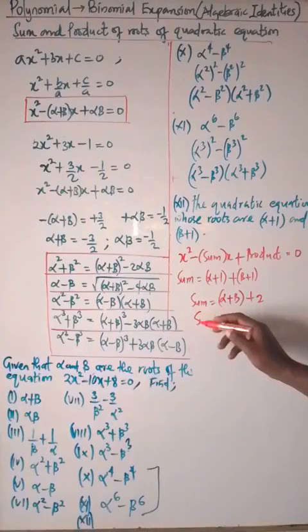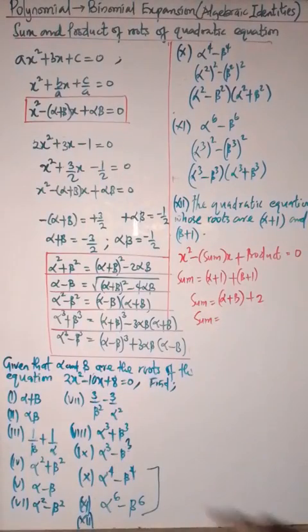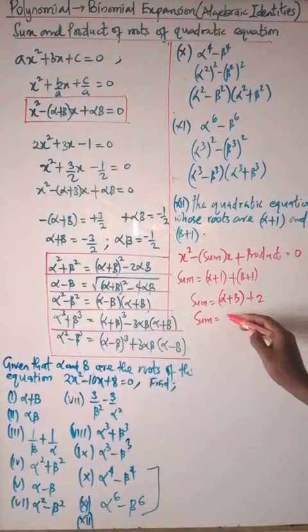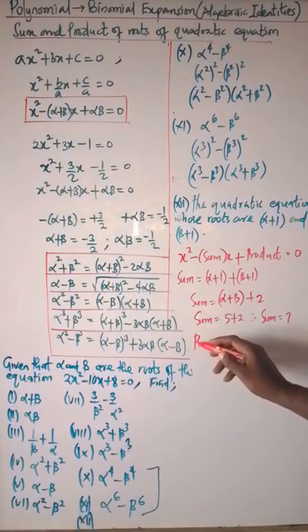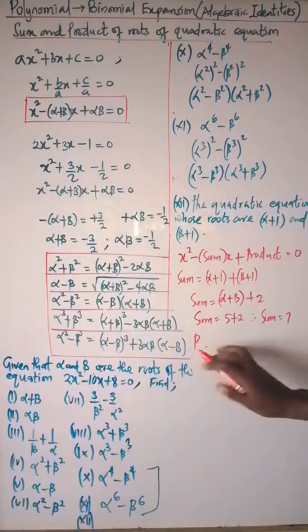So from here, the sum of the roots we got to be 5. That's 5 plus 2. So it means the sum is 7. Then next we have to get the product. What's the product?